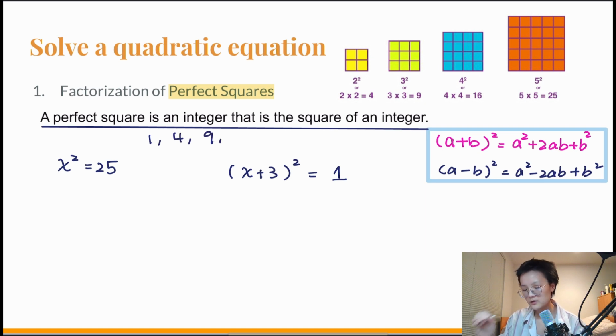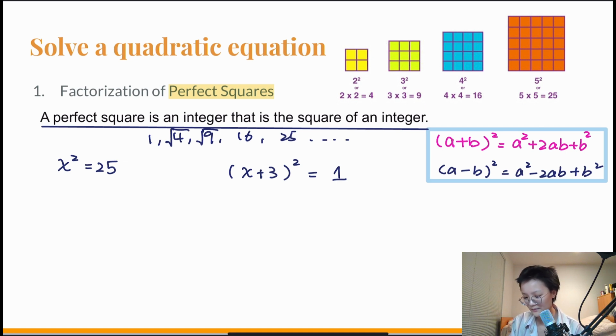They are the square of an integer, or you can say that if we take a square root of them, they produce an integer. Therefore, we call them a perfect square. So if we find there is a perfect square in this quadratic equation, we will cheer because it will be super easy for us to find the value of x.